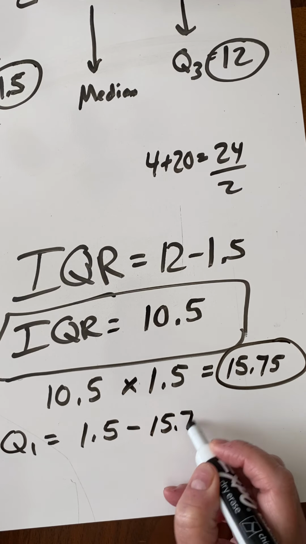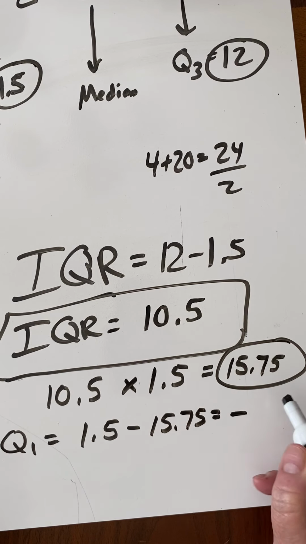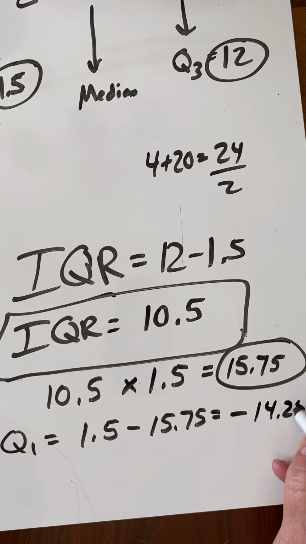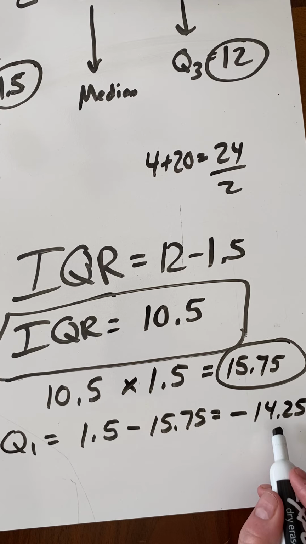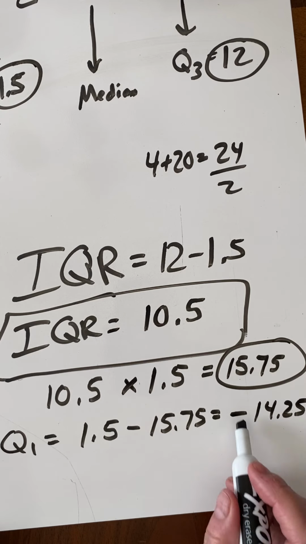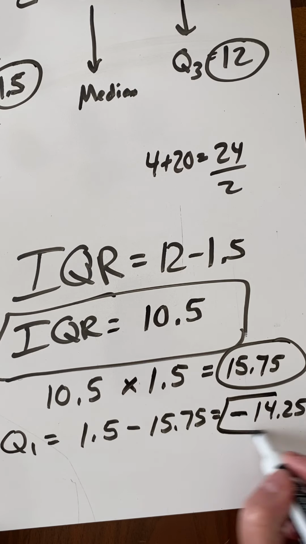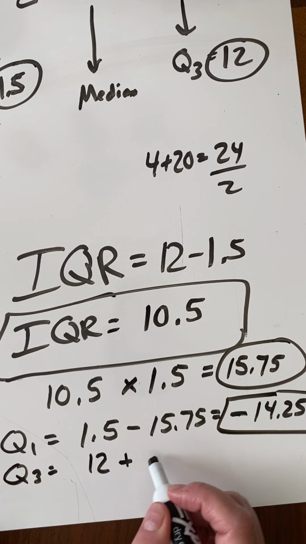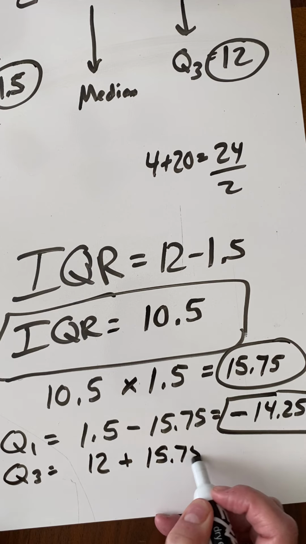And I end up getting a negative number. So I get like a negative 14.25, I believe, 14.25. So I end up getting a pretty large number there. And it's very negative. So this part right here, my Q3 is a 12, and I'm going to add to it the 15.75.